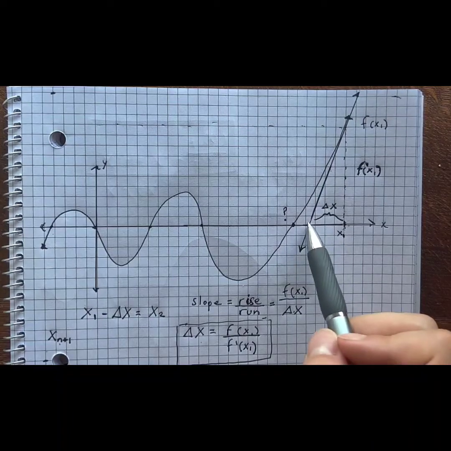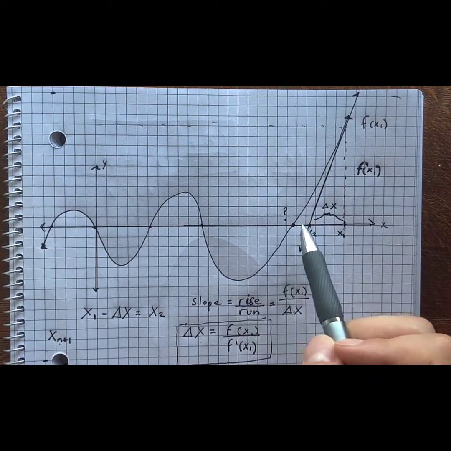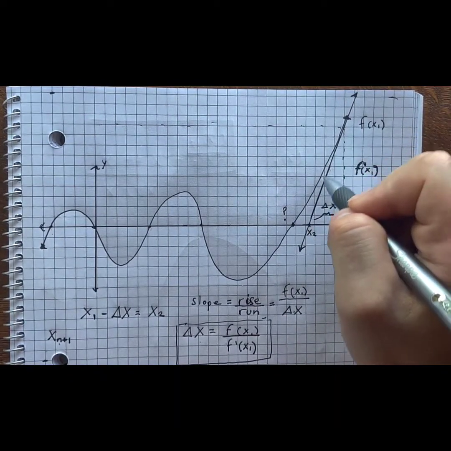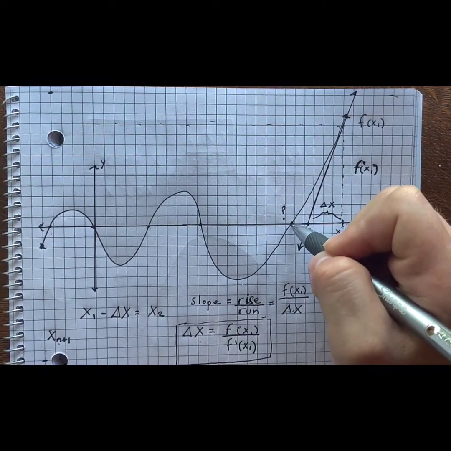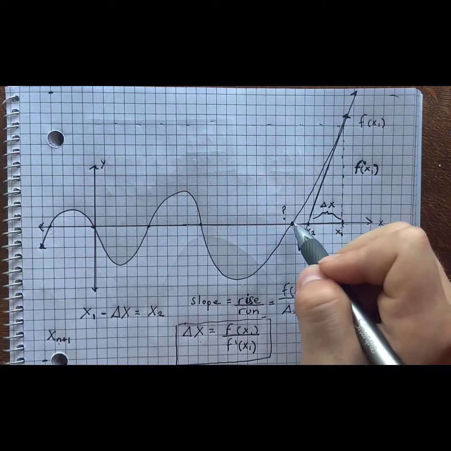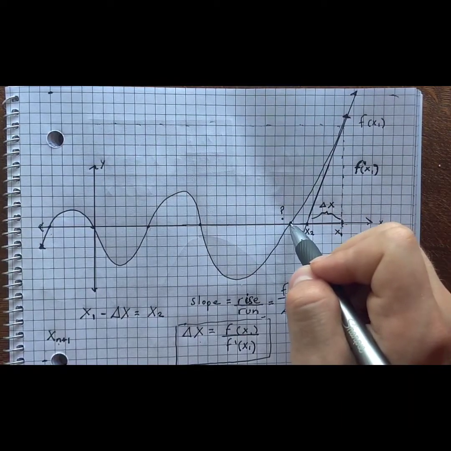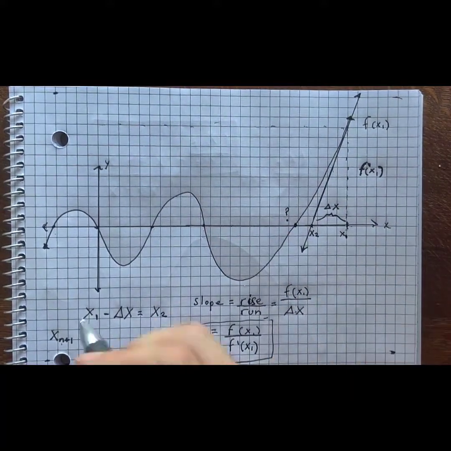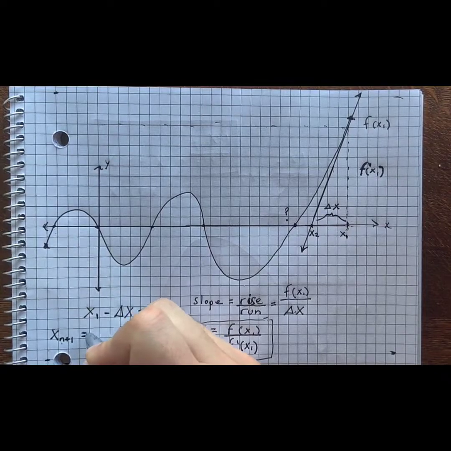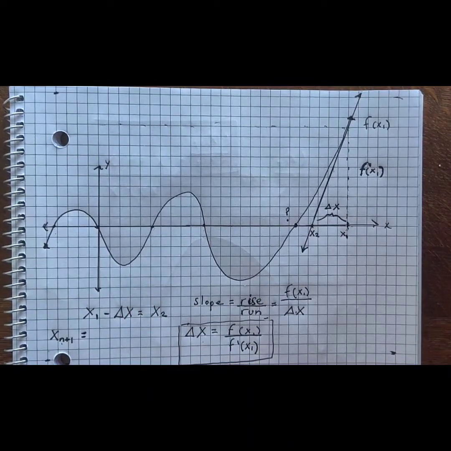Iterative as in you can do this process over and over and over again, and this tangent line is going to get ever closer to this point until you're able to very accurately approximate this value exactly, or as close to exact as you'd ever want to get.